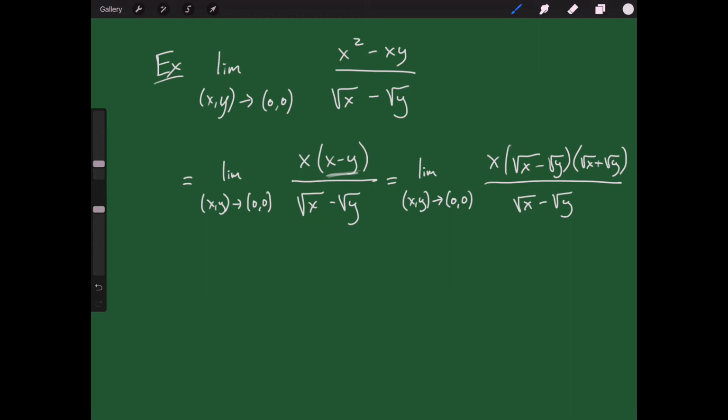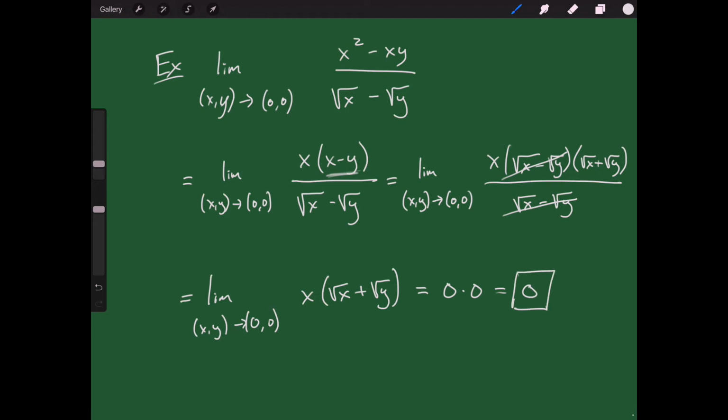So the square root of x minus the square root of y cancels on top and bottom, and I'm left with the limit as (x,y) goes to (0, 0) of x times (the square root of x plus the square root of y). And now the question is, can I just plug in zeros for x and y and not get division by 0 anymore? And the answer is yes. I can plug in zeros, and so I just get 0 times 0, which of course is 0.